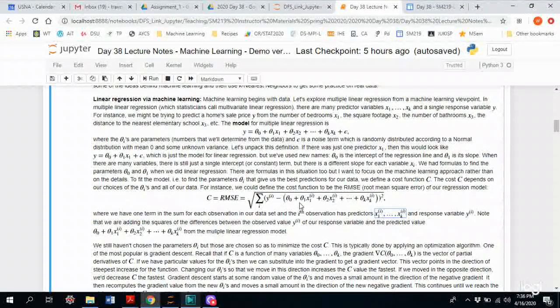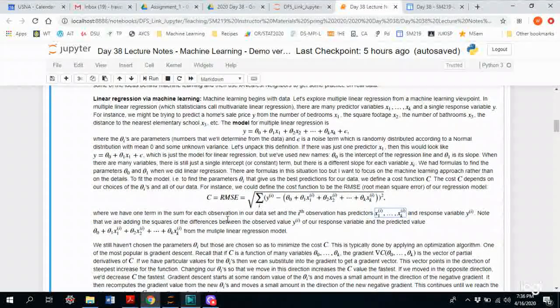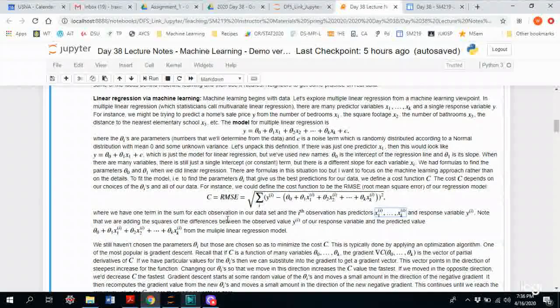And so we're taking the difference between this predicted value and the actual value, squaring that error, summing them up, and taking the square root, which is the root mean squared error term. That's an expression that we've seen before when we were talking about fitting lines of best fit in just a single linear model.